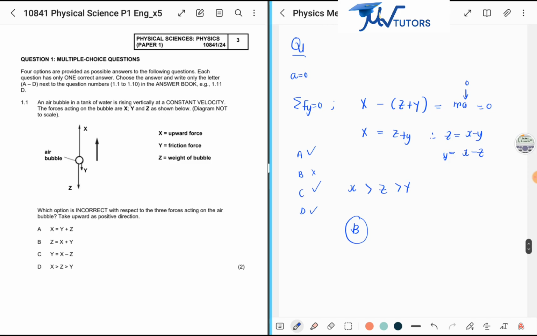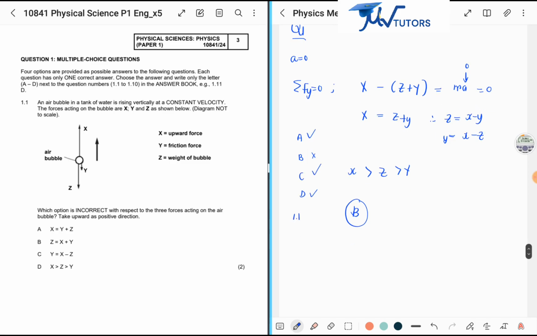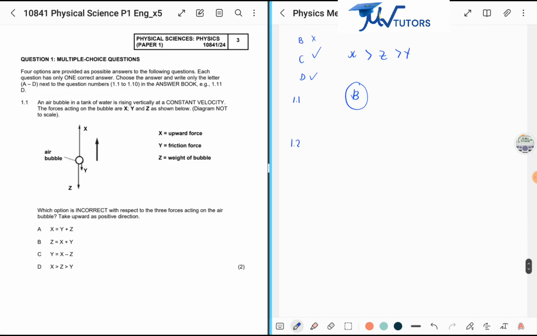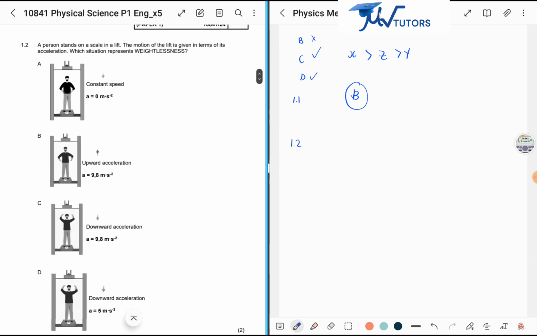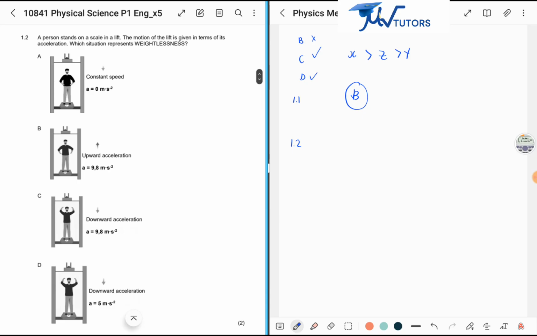So that was 1.1. Now 1.2. The elevator question. Remember that elevator video I did? Go and watch it. I will also put the link there. A person stands on a scale in a lift.